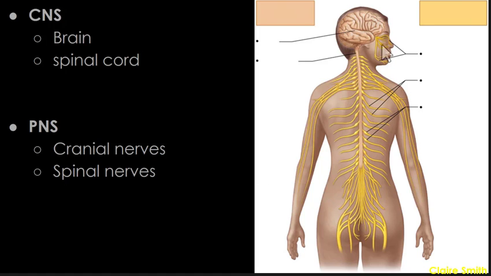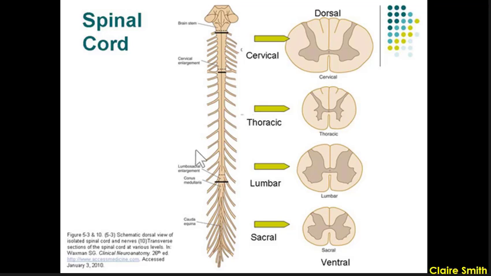If you take the spinal cord, which is this mass of nervous tissue that extends through the vertebrae, and take that meaty little noodle out of your vertebrae, it would look something like this.